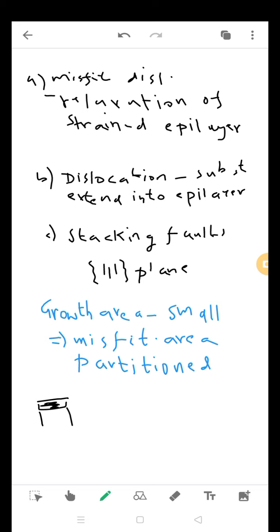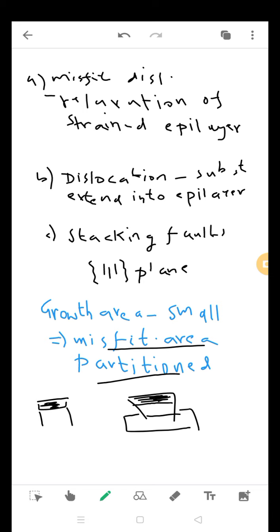Now instead of this, we somehow use a nano pattern substrate, and this is your epilayer. So by reducing the area, we are reducing the misfit dislocation, by partitioning the growth area.